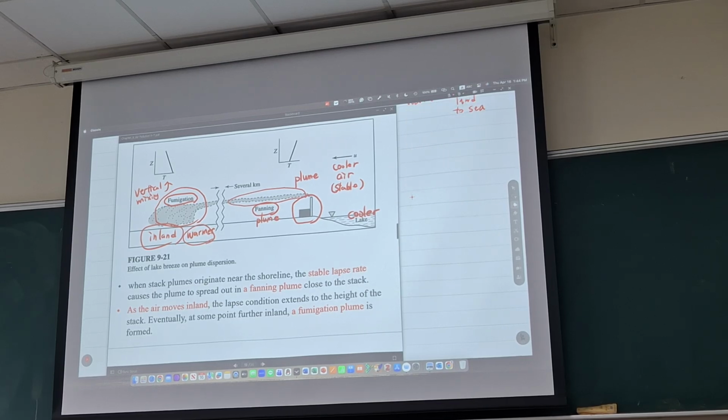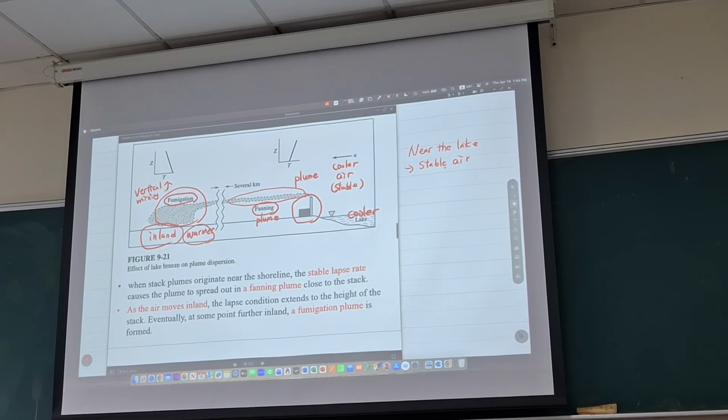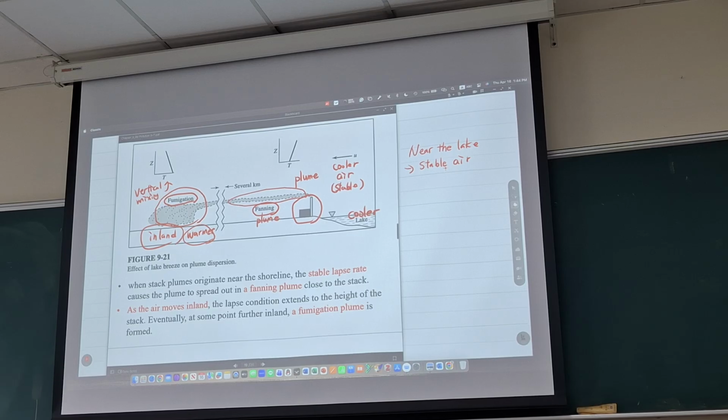Okay, so let me summarize this for you. Near the lake, stable air, not much vertical mixing, produces something called fanning plumes, which are thin and flat.